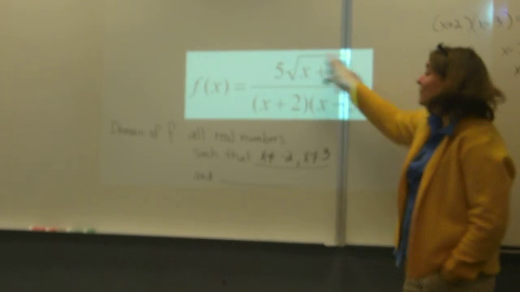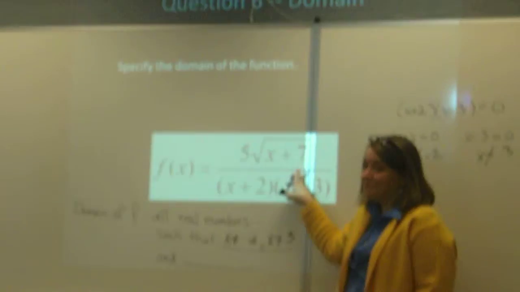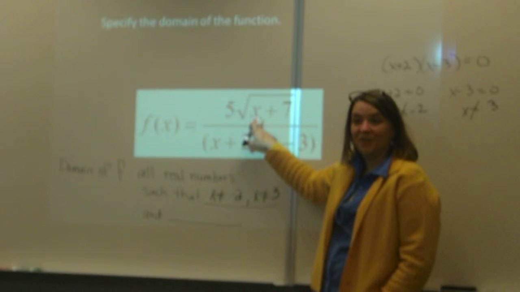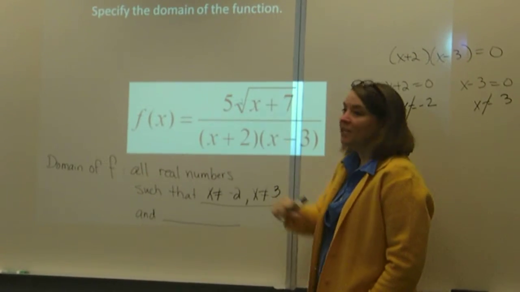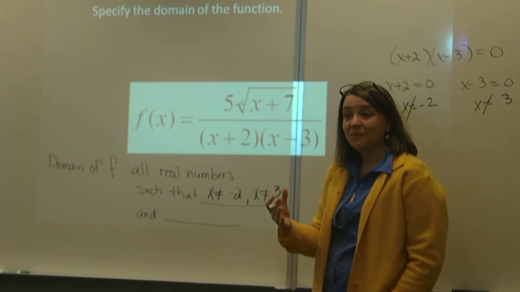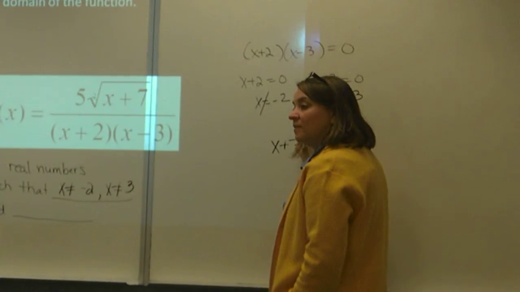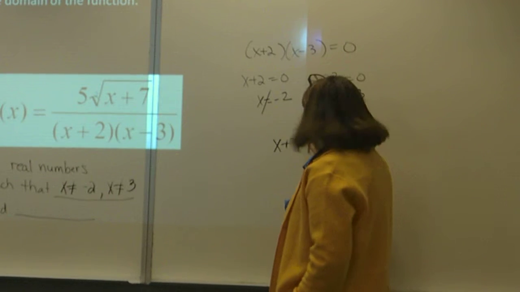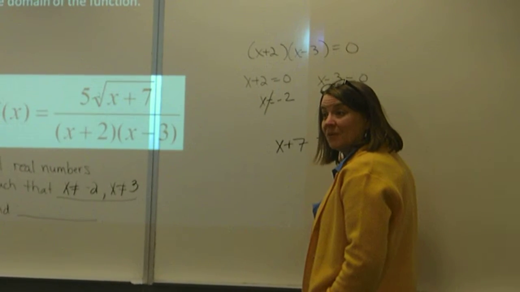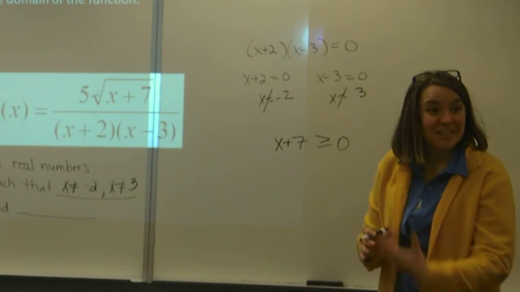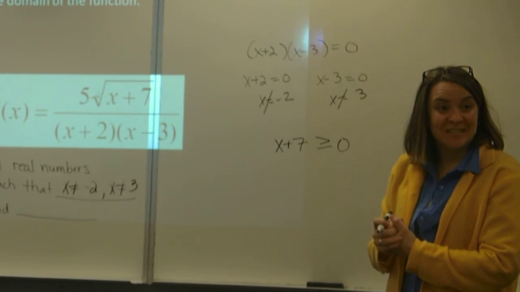Now in my class, we haven't talked about this in a little while. There's a radical in the numerator. It's an understood index 2. It's a square root. So this expression, x plus 7, we need it to be greater than or equal to 0. If it's not, we'll get an imaginary answer.